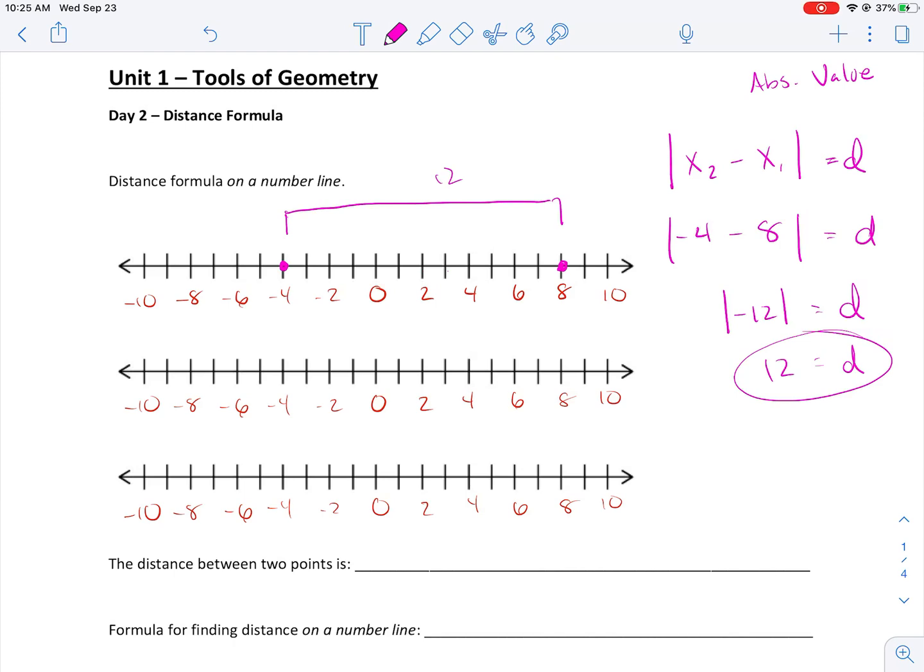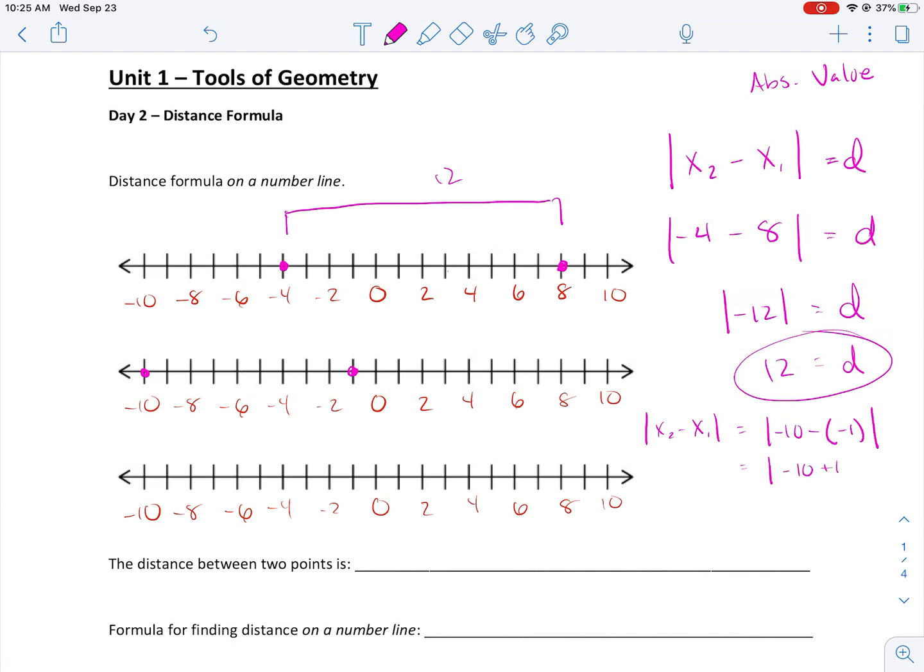Distance formula on a number line isn't all that exciting. So we'll go -10 and, how about, -1? We'll go x2 minus x1, which is -10 minus, don't forget, always use parentheses, (-1).